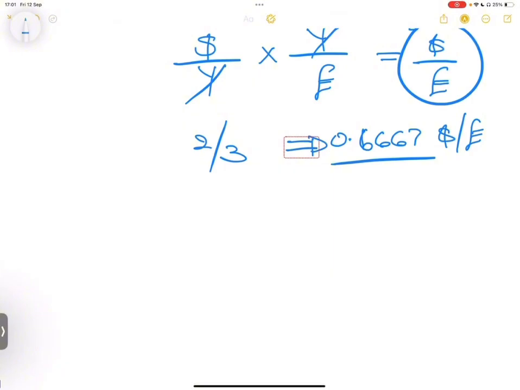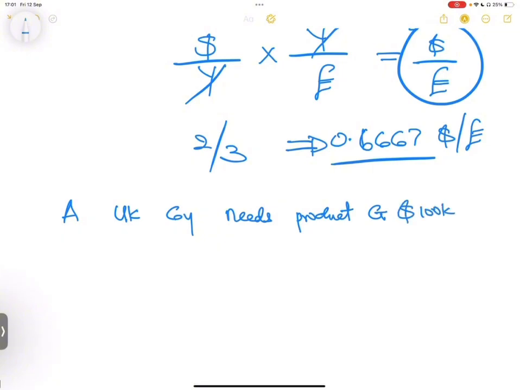Let me test you with something quickly. Let's test your understanding. So you have a UK company that needs product G. Cost is $100,000.